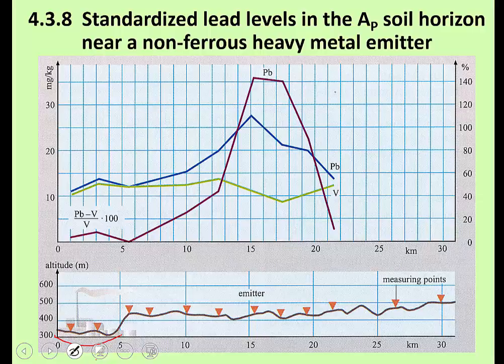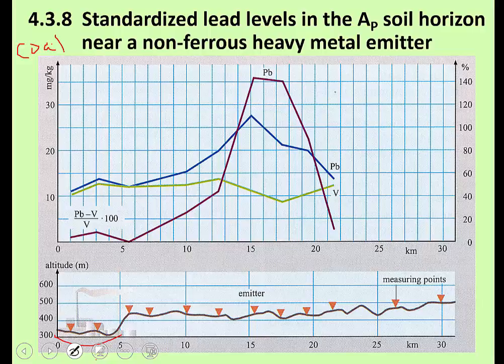So how do you know if the lead is coming from the emission source or if it's coming from some other source? So in this case, the burning of coal, which across Europe is not a point source. Everyone's using the coal. So how do you know if you're looking at lead coming from your emission source?